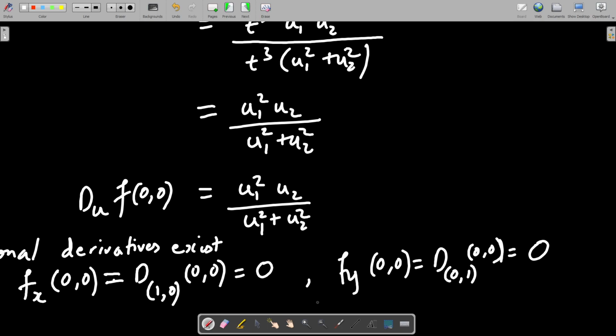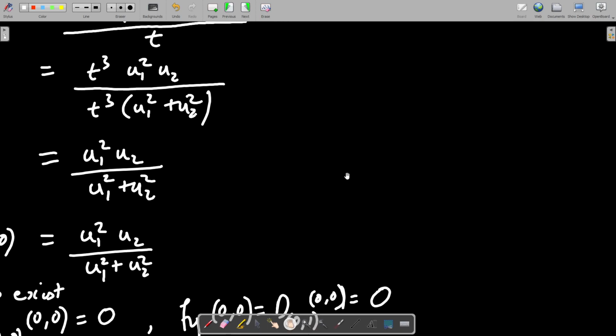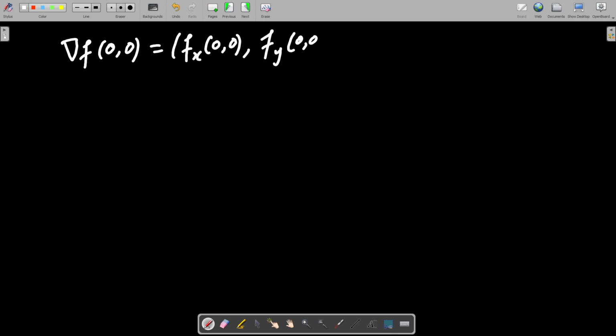Now the problem over here is that everything appears to be fine, but what is going to be the gradient of f at (0,0)? This is nothing but fx at (0,0), fy at (0,0), which is (0,0), because both these values were 0.